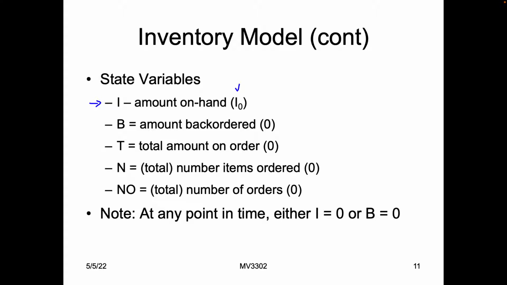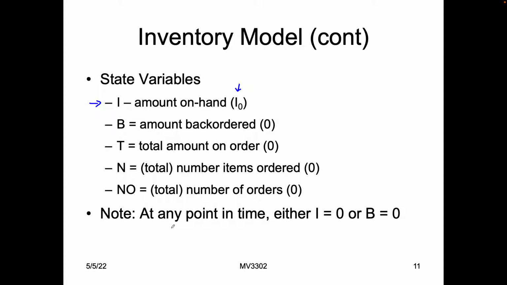Remember, we said that I0 was our initial inventory level. So I is going to be the amount of inventory we have on hand, and B is going to be the amount that's back ordered, and we're going to assume that's initially 0.